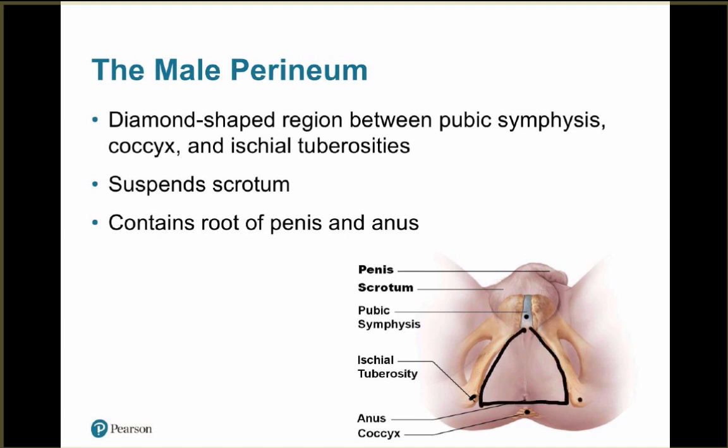This is the reason why we talked about bone structure in part 1, because it'll help you get some reference points when we talk about the anatomical structure in other parts of the body. This area contains the root of the penis and anus, and it's the area where the scrotum is suspended. So that's the area on the outside.